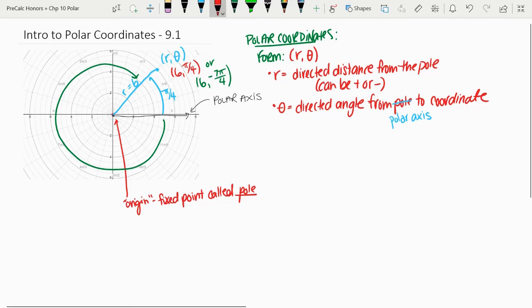So I'm going to add a little note down here, because a directed distance for a radius is a little weird. I'm going to try to explain it.